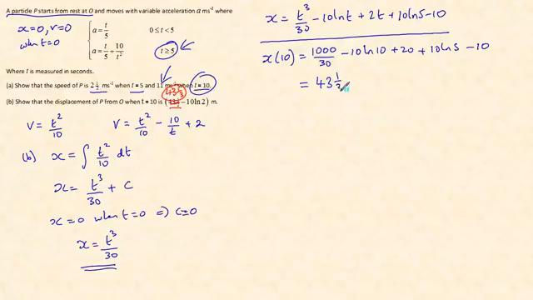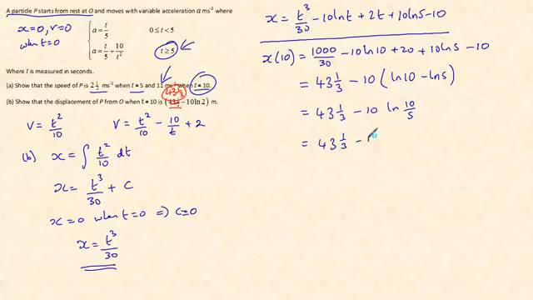So 43 1/3. Then if we do minus 10, in here we'll have ln 10, take away ln 5, and using a log law, that's 10 ln 10 divided by 5, so that's 43 1/3, take away 10 ln 2, as required just here.